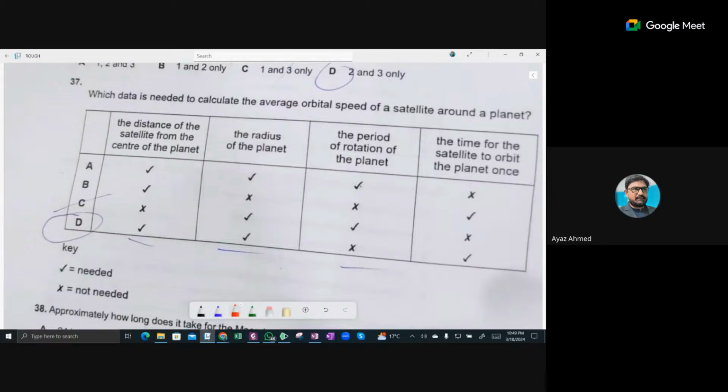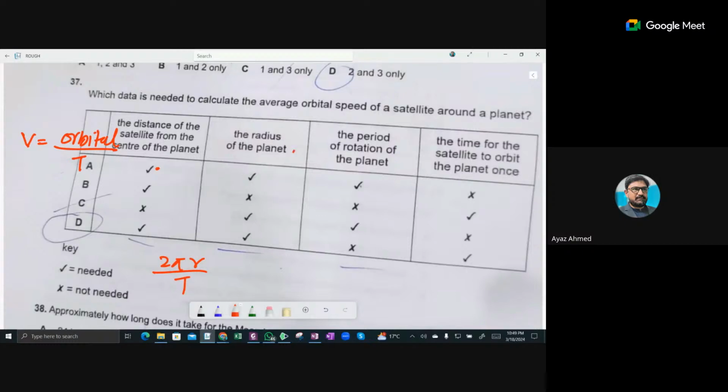Then 37: which data is needed to calculate the average orbital speed of the satellite around the planet? Average orbital speed is total distance traveled, the orbital circumference, divided by the orbital time period. So you need the distance of the satellite from the center of the planet. Orbital speed is equal to 2 pi r divided by T. So that can be one of the tick boxes.